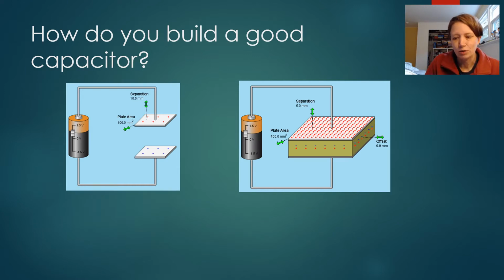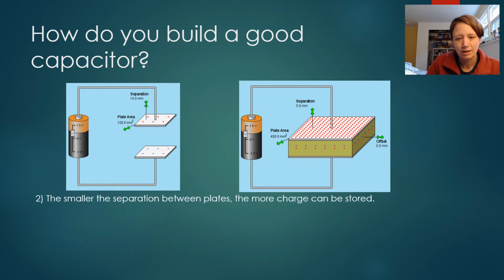Another thing that contributes to building a good capacitor is the separation between the plates. You'll notice in that first example, the bad capacitor, those plates are really far apart. And in the second example, I've moved those plates much closer to each other. The closer the plates are, the smaller the separation between the plates, the more charge we can store up on those plates.